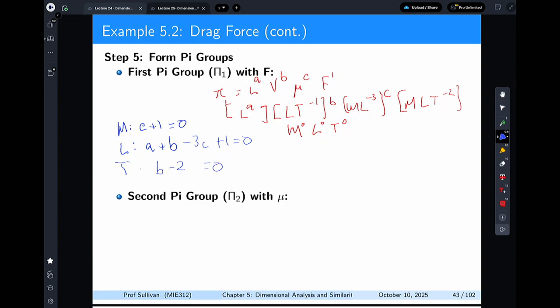So if I combine them, I see immediately that A, or C, is equal to minus 1, B is equal to 2, and then I can substitute all the terms in.